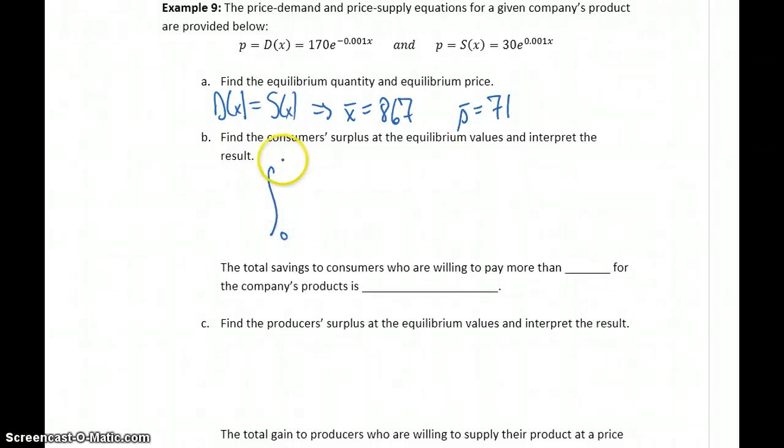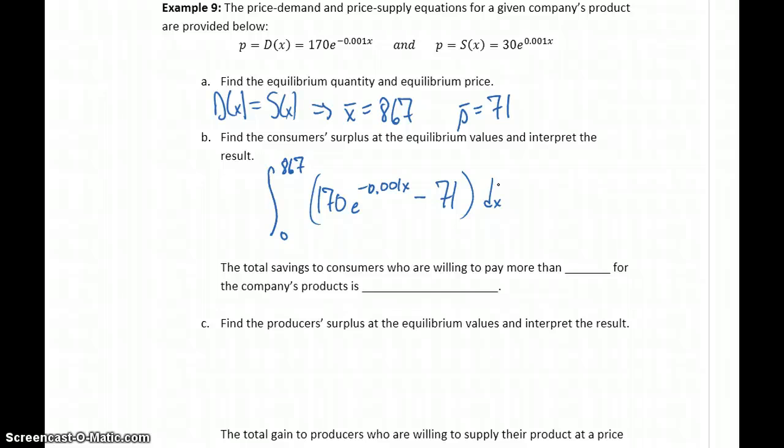So we can integrate from 0 to 867. In this case, we want to find the producer's or the consumer surplus. So we'll integrate 170 e to the negative 0.001x minus that value for P bar, which is 71, dx.